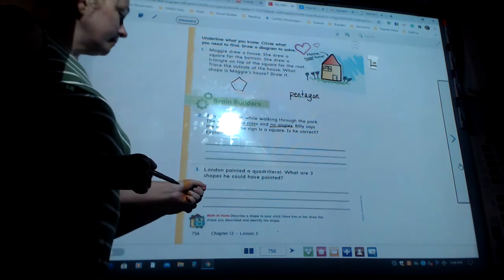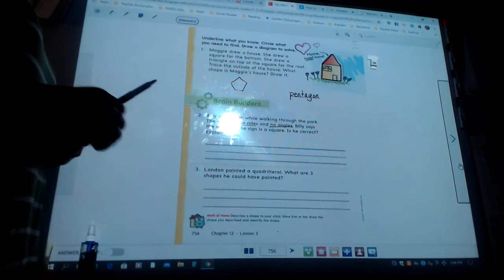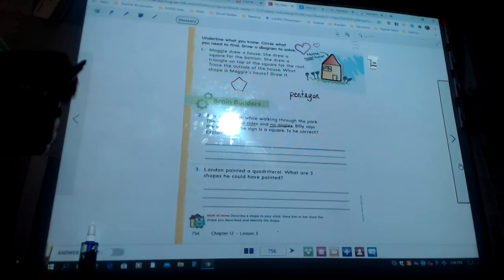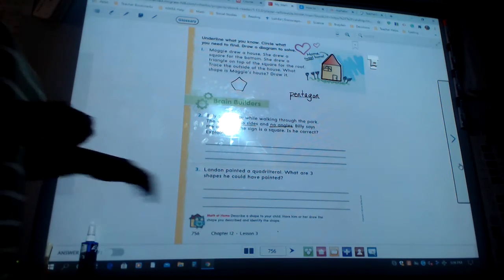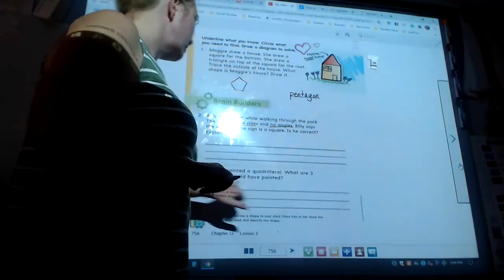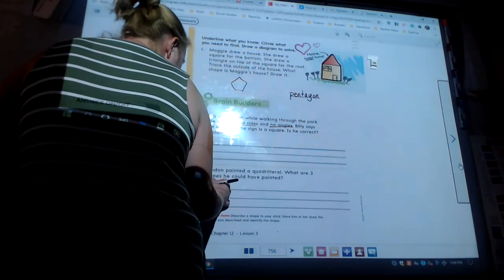Down here at the bottom, we have Landon. Landon painted a quadrilateral. So that quadrilateral is, remember, a 4-sided shape, okay? So think about those 4-sided shapes, and it's asking you what are the 3 shapes he could have painted. There are only 3 shapes. Make sure you put it in a sentence form, please.